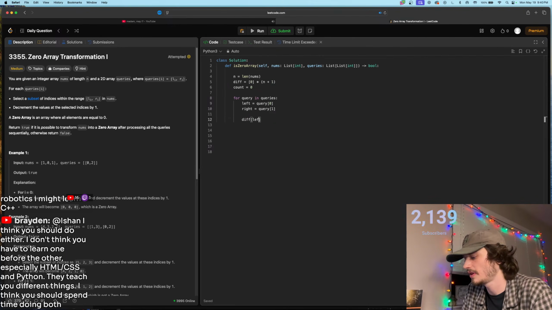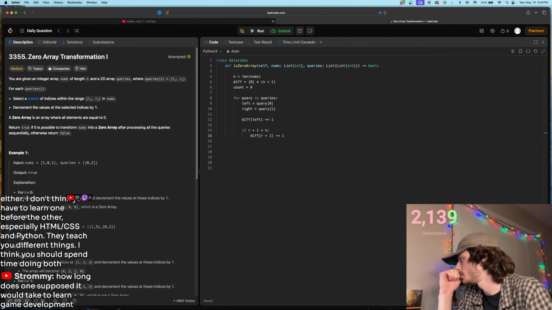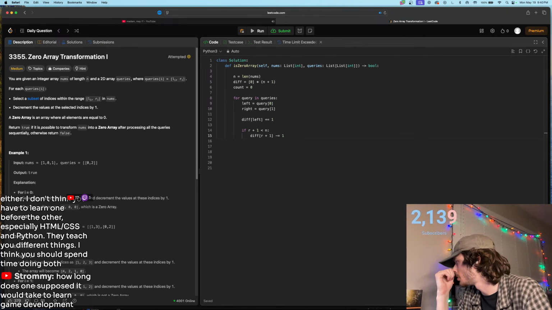index of left would increase by 1, but we need to check to make sure the right is in bounds. So if r plus 1 is less than n, then the diff array at r plus 1 will decrease by 1. Why did I have decrease by 1?